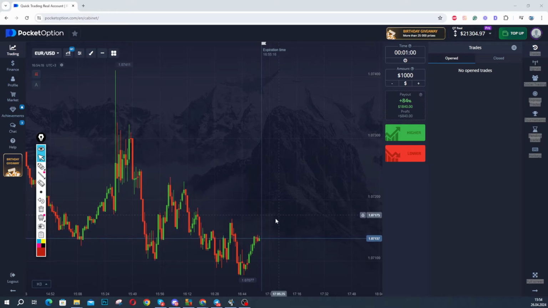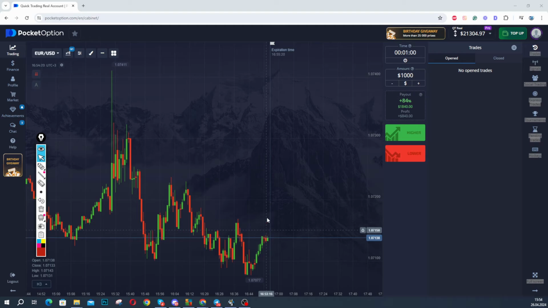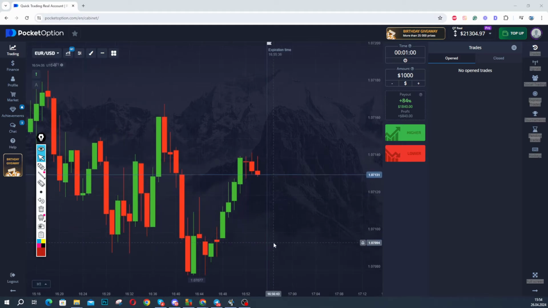Simple. So I'm waiting here for the right signal, and we are in a range. This can be harder, because this trend is not so strong. But it's downwards, and I want to put my money in here. Okay, we have an entry signal maybe right now in the next candle.